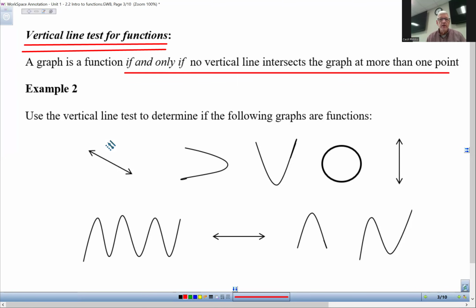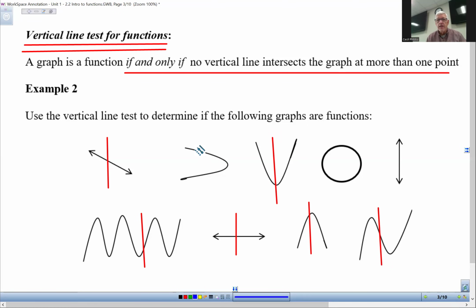So let's take a look at the ones here that are functions. This first one is a function. This one down here is a function. All of these on the bottom row are functions. You can see if I put a vertical line here, no matter where I move the vertical line, it is only going to intersect one point. This one here is also a function.